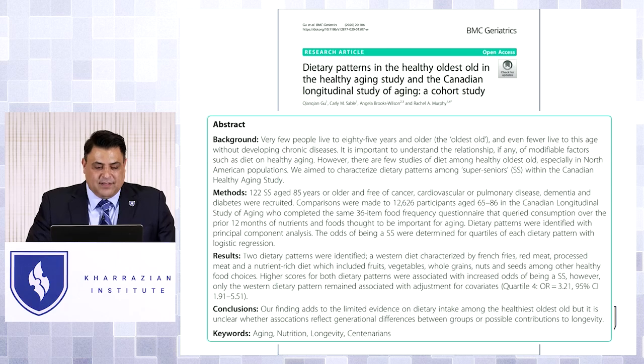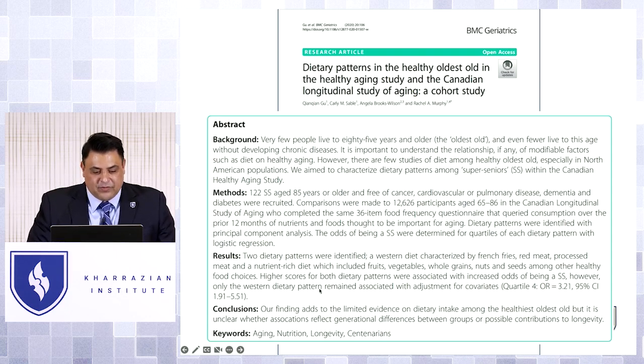They found 2 dietary patterns: a Western diet characterized by French fries, red meat, and processed meat, and a nutrient-rich diet, which included fruits, vegetables, whole grains, nuts, and seeds, among other healthy food choices. Higher scores for both dietary patterns were associated with increased odds of being a super senior.